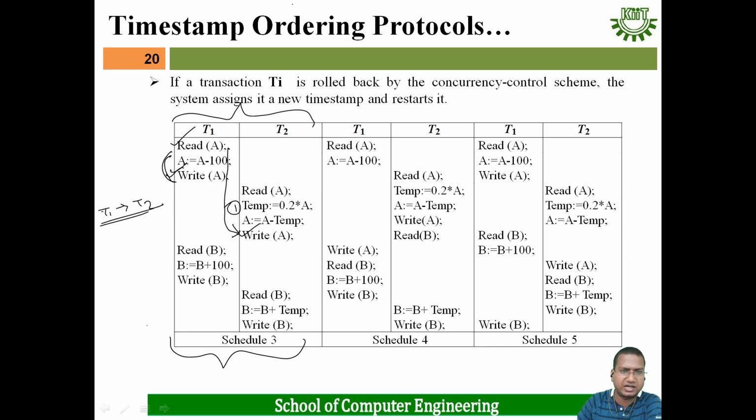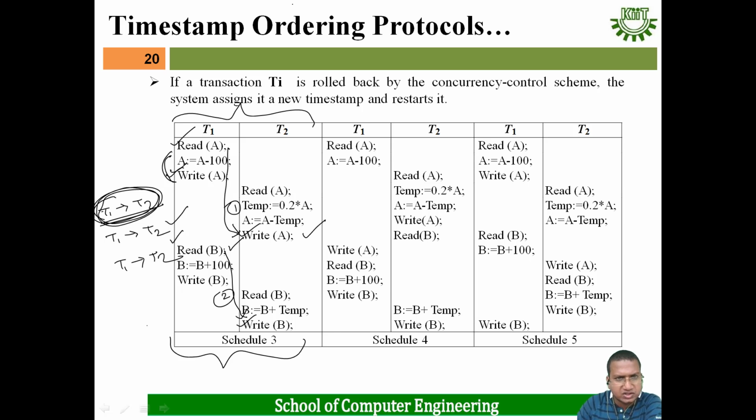But it is from T1 to T2, so it will not create a problem. It is the timestamp ordering of the transactions, that's why it will be implemented. Then this read B to write B is also a conflicting operation, but it is also performed from T1 to T2. That's why it will not create a problem using the timestamp protocol.